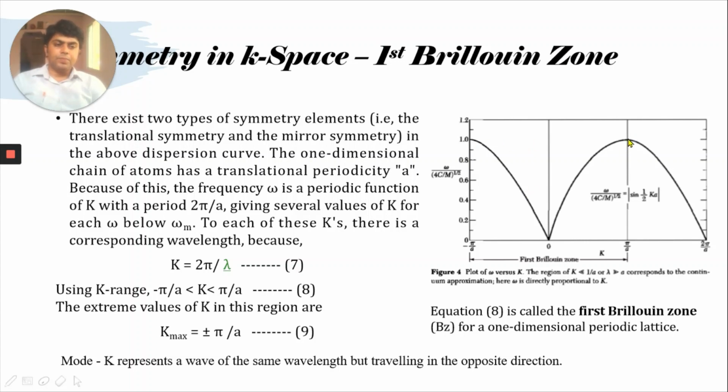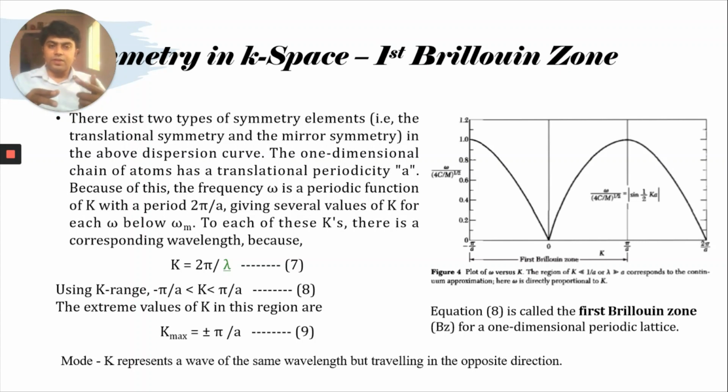At plus pi by a we get a maximum of 1, and at minus pi by a you also see a maximum. Using the k range values, we can confine our study to the first Brillouin zone, or to the second Brillouin zone if we are interested in it. But we go for the first Brillouin zone, since we are studying only the simple concept.